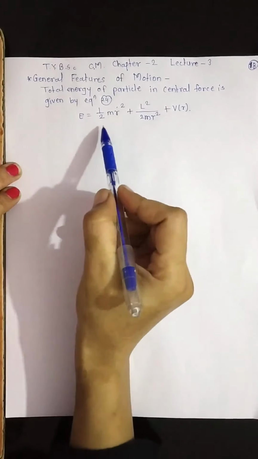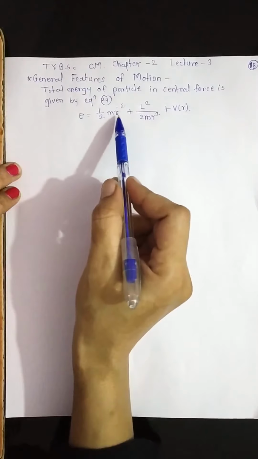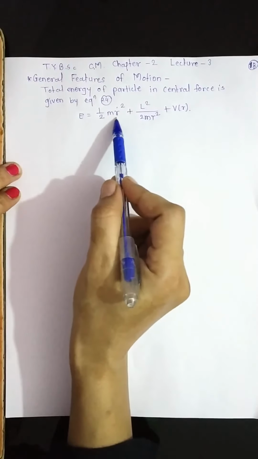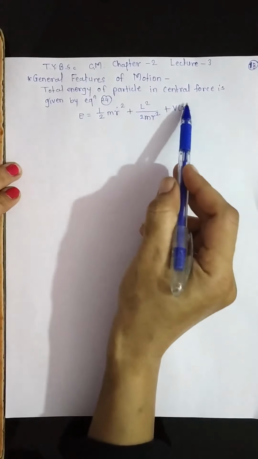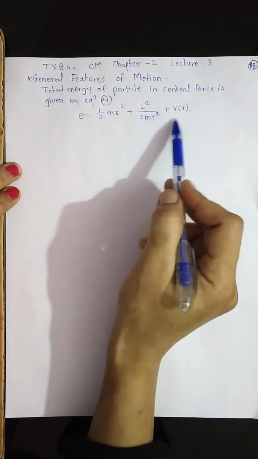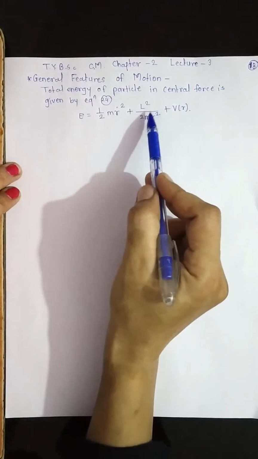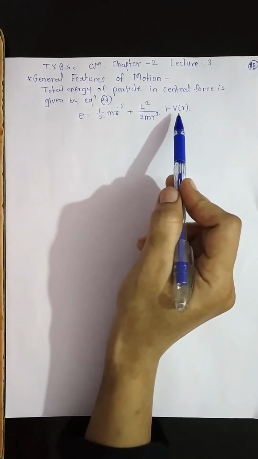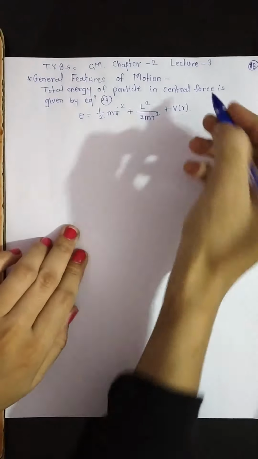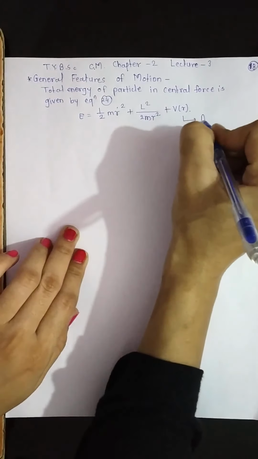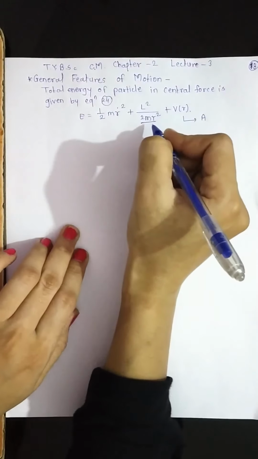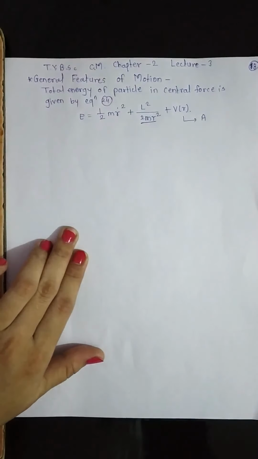This total energy is half m r dot square, that is half m v square, which is kinetic energy, and the remaining two terms give us the potential energy, which is L square upon twice m r square plus V of r. V of r is the actual potential energy, and this term is nothing but centrifugal energy.